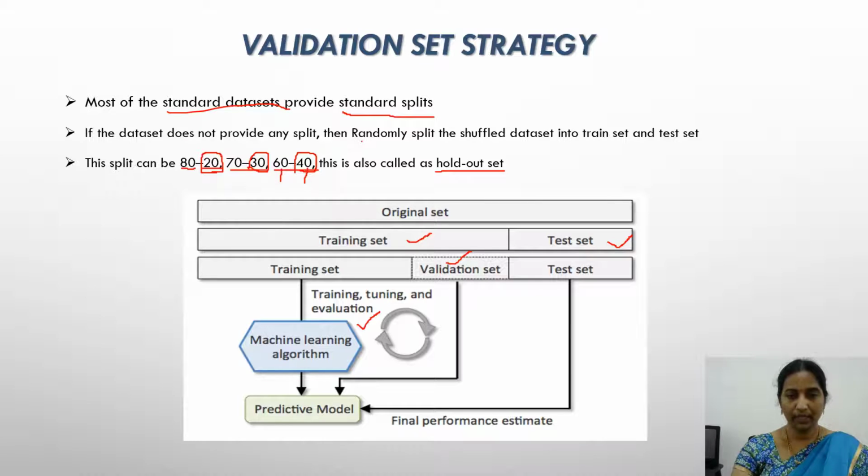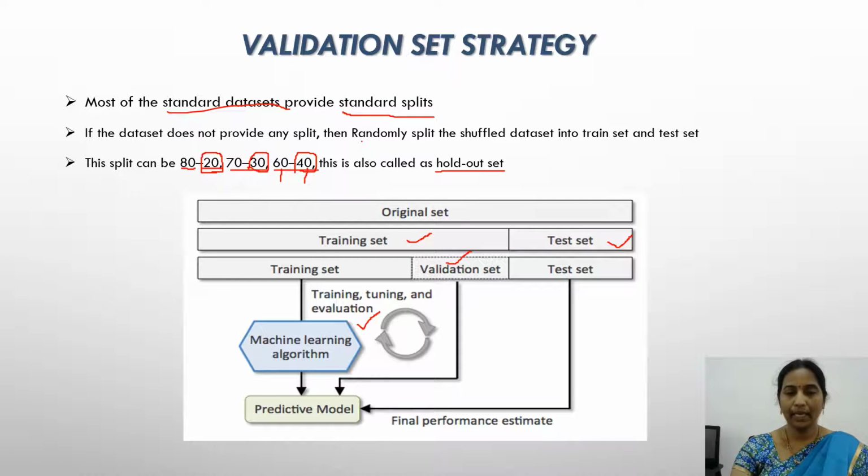So if you observe here, the model is implemented, then we are training it. Once the model is trained, our predictive model is ready. Then when the predictive model is ready, we apply the validation set and test the performance of this model. If we are comfortable with the performance of this model, then we stop the training. Otherwise, we again tune the parameters, that is change the weights or change the hyperparameters.